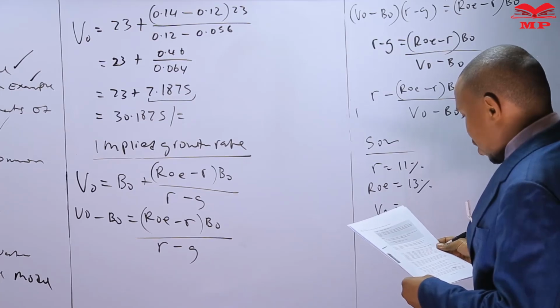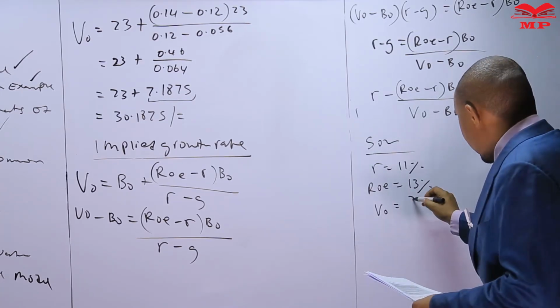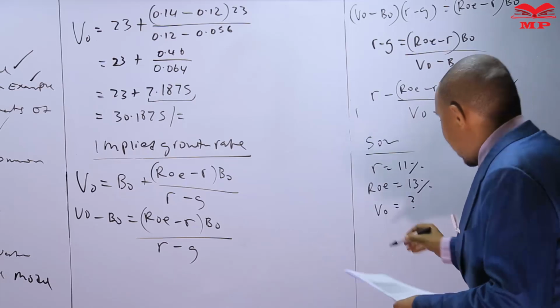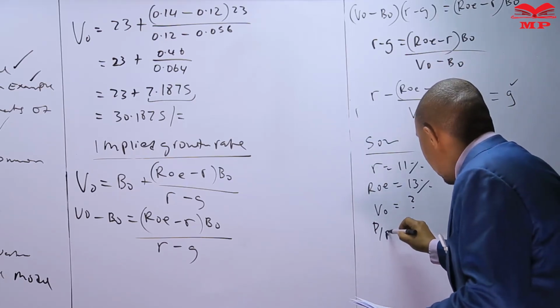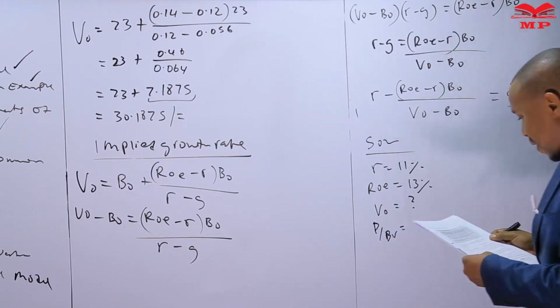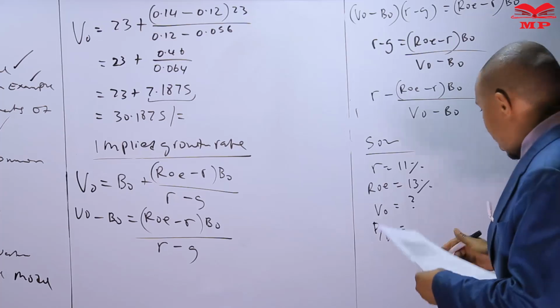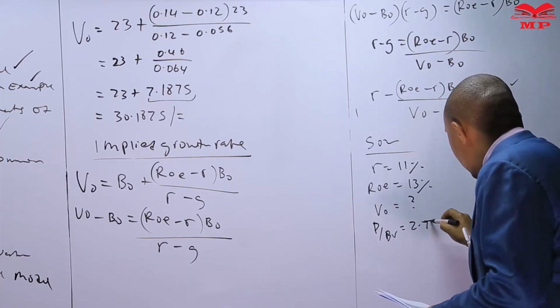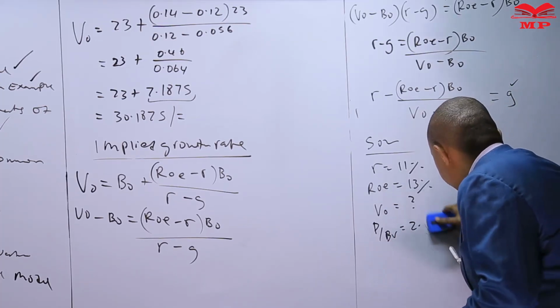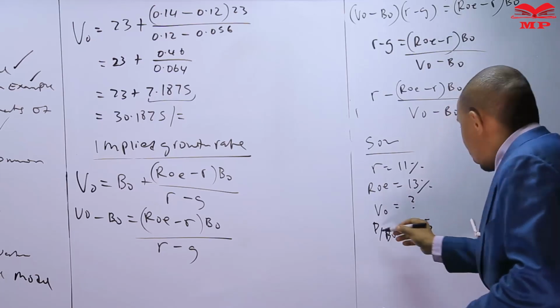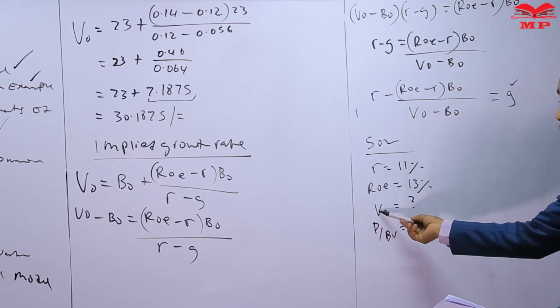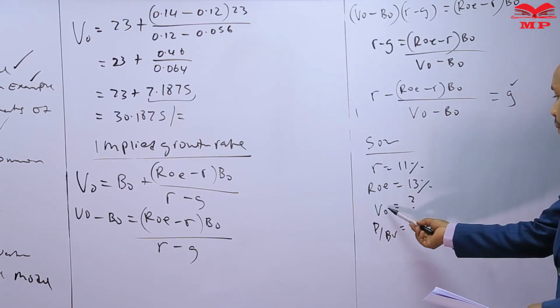No, we don't have the value of the share, but we have the price to book value, which we've been given as 2.5. But it's okay. We can solve for the market price. P represents the same as the value there.